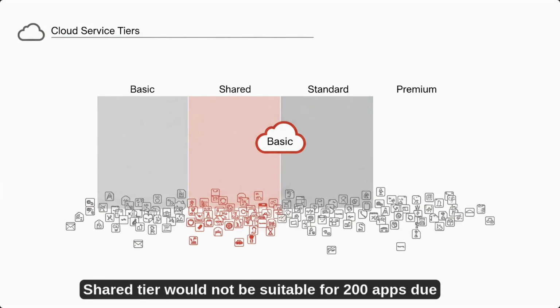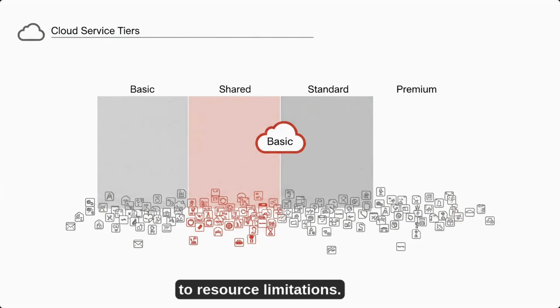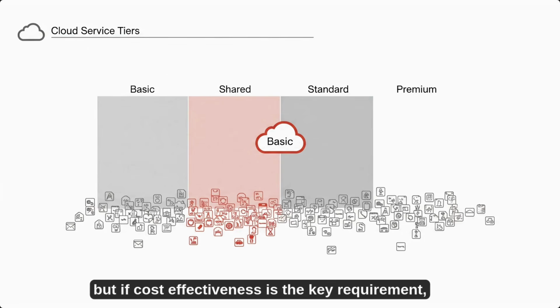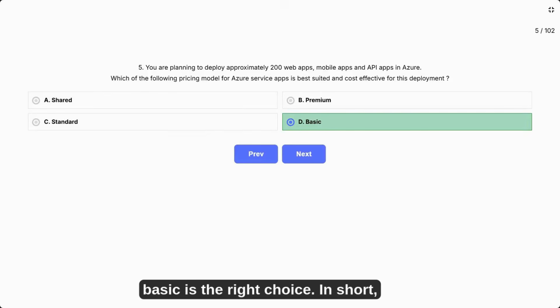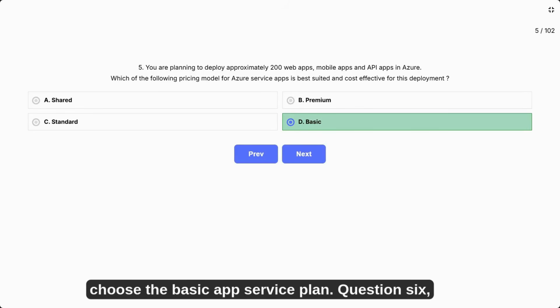Shared tier would not be suitable for 200 apps due to resource limitations. Premium would be overkill and expensive. Standard provides additional features, but if cost effectiveness is the key requirement, basic is the right choice. In short, for cost effective deployment of 200 apps, choose the basic app service plan.